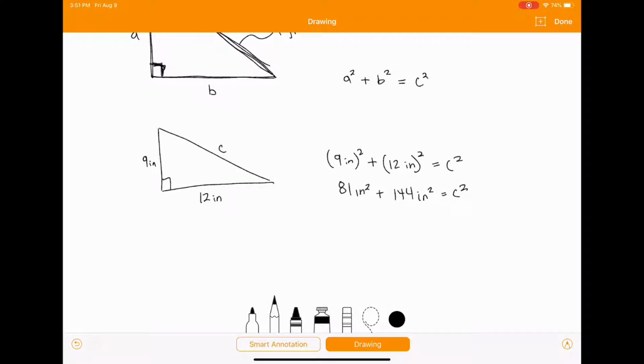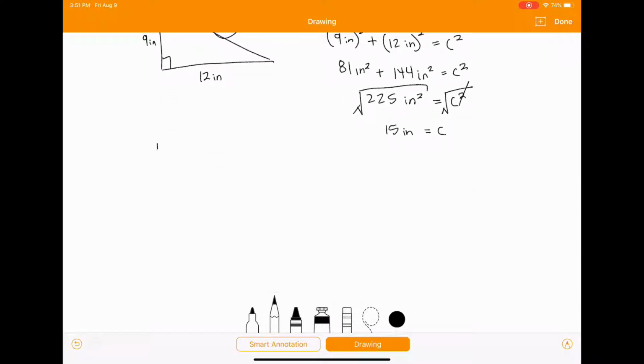Now 81 plus 144 is 225 inches squared equals C squared. Now, just as we learned in the previous video, to get rid of your square, you just take your square root and that cancels that out. So take square root of both sides and you'll get 15 inches equals C. So we just solved for the missing side of that triangle.